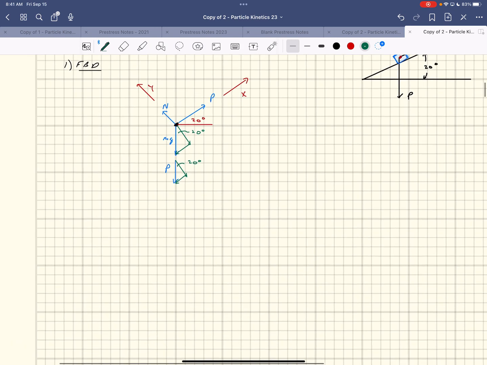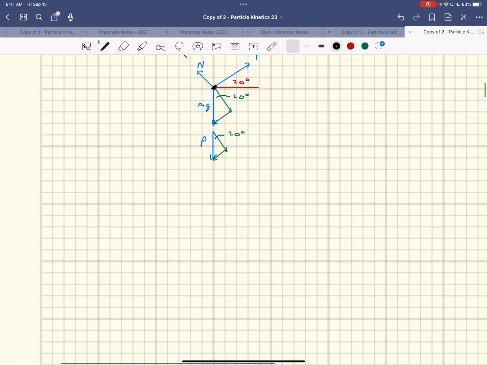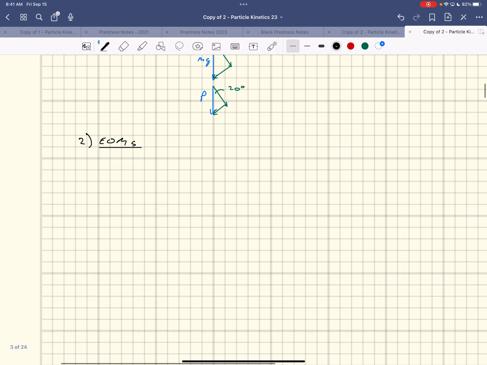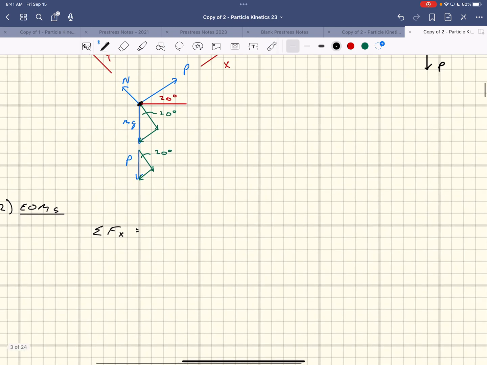Okay. Then, second step, write our equations of motion and expand things out. EOMs and expanding. So that's the sum of the forces in the x direction. At that point, you look for all the forces in the x direction. I just go right to this diagram and say, yep, I've got P going in the positive x direction.